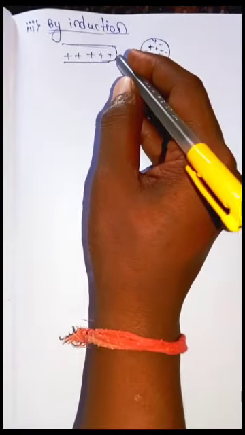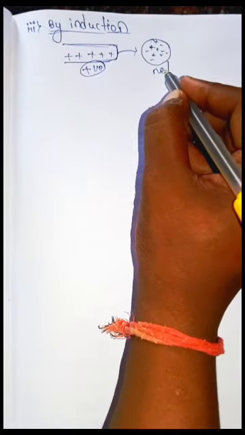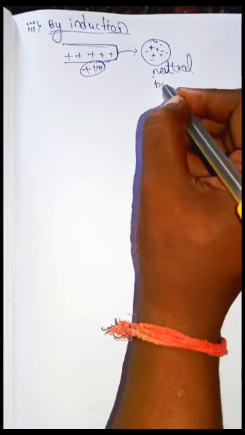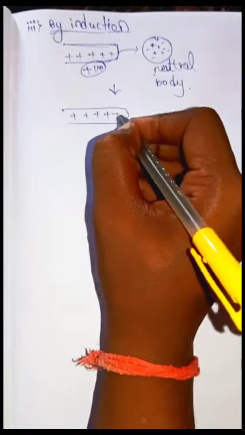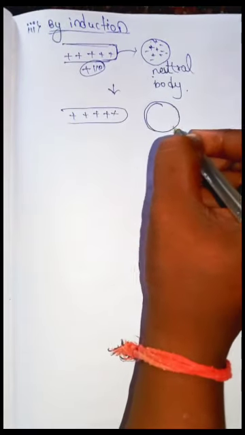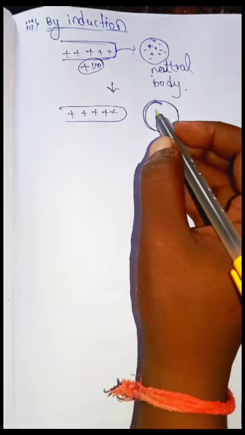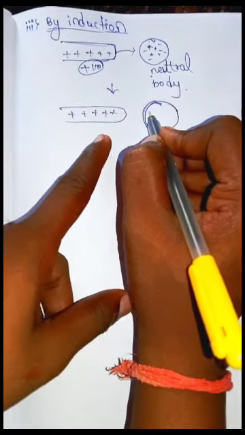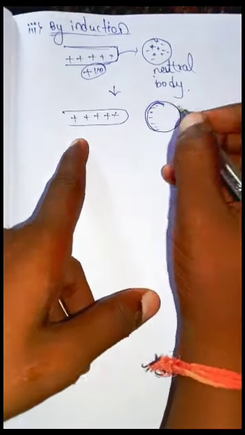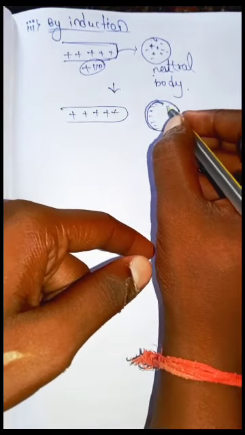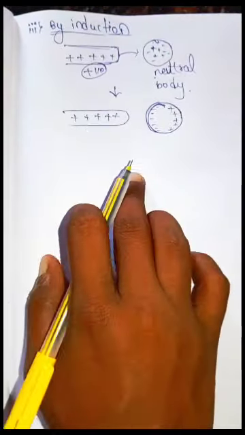If we bring a positively charged rod near the neutral body, the opposite charge, the negative charge, will accumulate nearer to the rod, and the positive charge will accumulate on the opposite side of the rod. So this is induction.